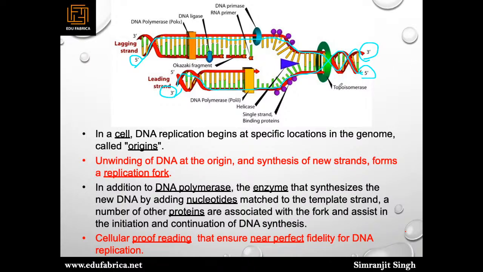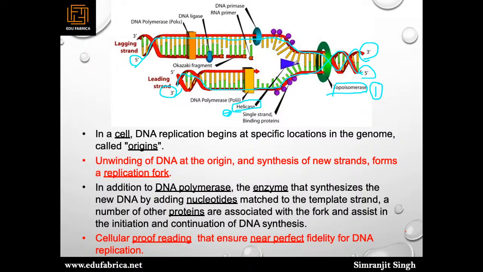Okay, so what is happening is, first thing is topoisomerase. This enzyme comes and unwinds the double helix structure. It's just opened up, and then the bonding between the two nitrogenous base pairs, the hydrogen bonds, will be broken with the help of the second enzyme, that is helicase enzyme, right?